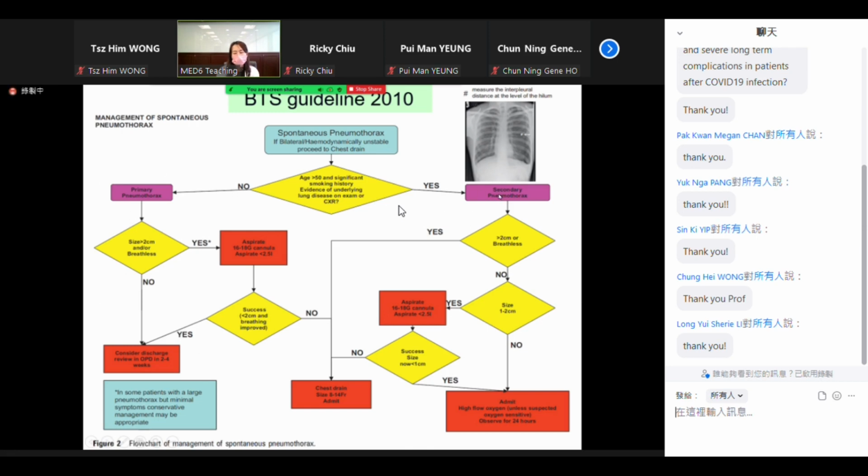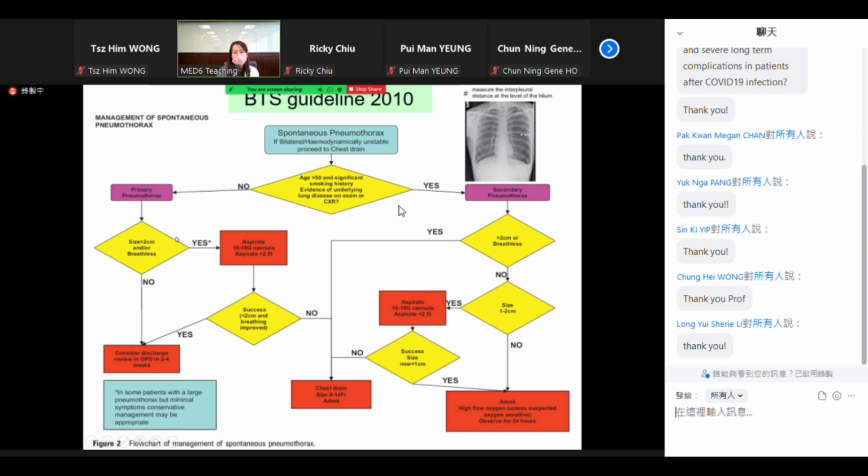Okay, so for the diseased lung, for older gentlemen or ladies, patients with secondary pneumothorax, we again have to estimate the size and the symptoms first. If the size is small, less than 2 cm, or without any symptoms, then we may consider simple aspiration.